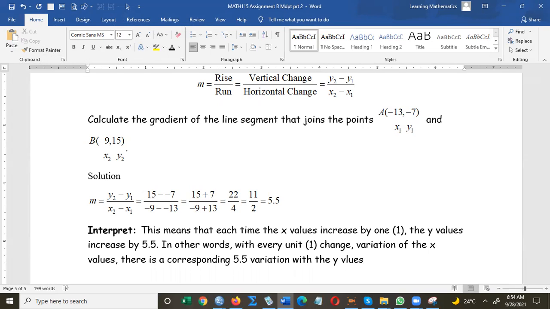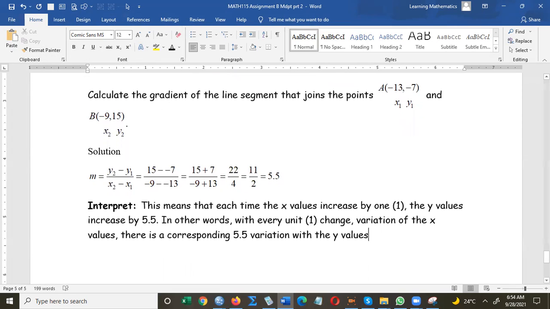So each time the x value changes by 1, the y value is changing by 5.5. It's very important to interpret these values.